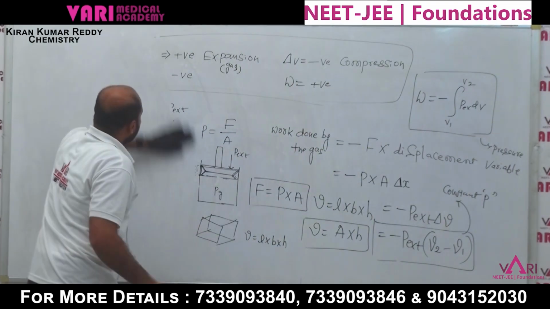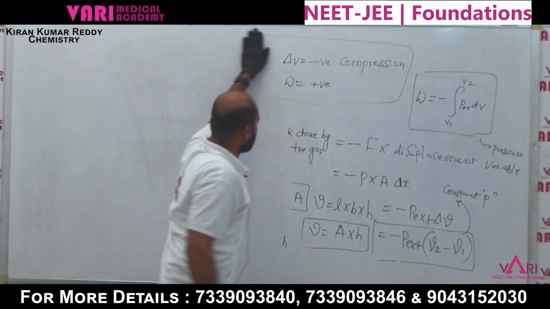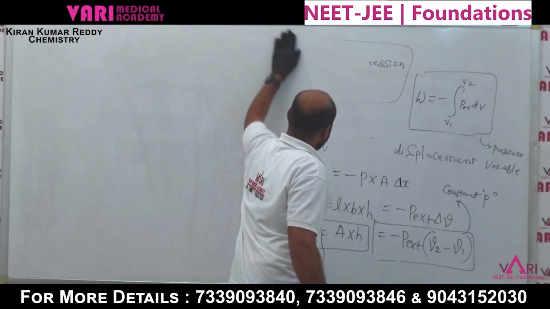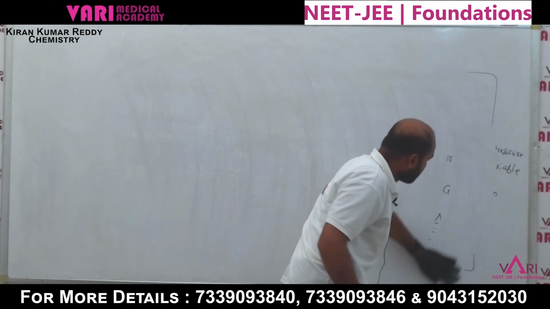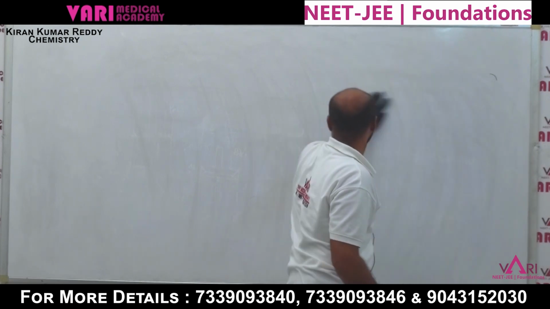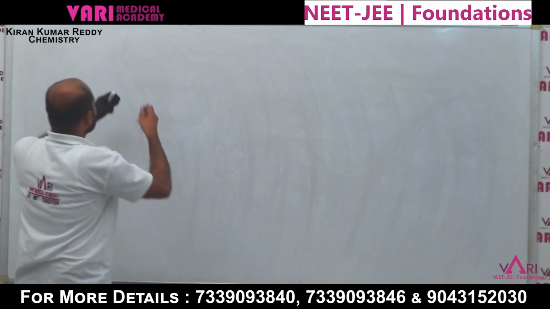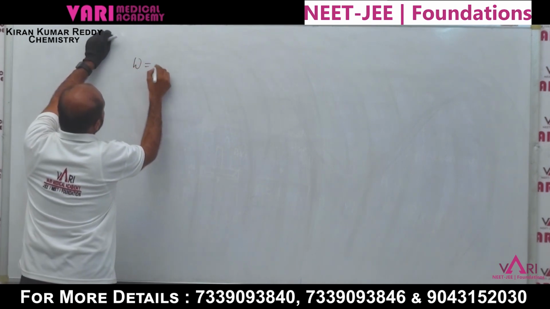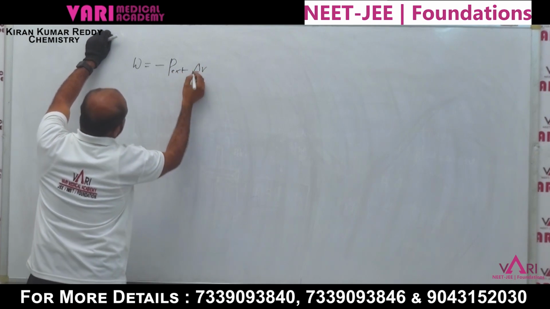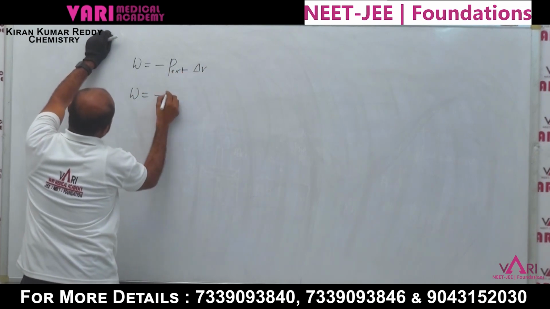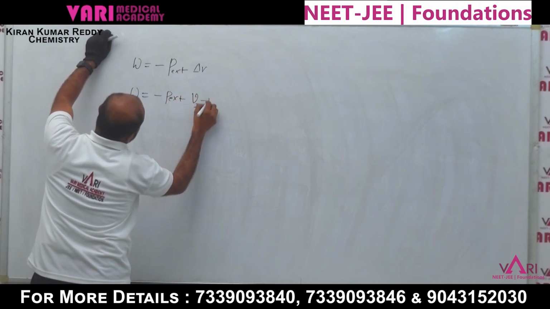Next, different thermodynamic processes are also there. What are the different thermodynamic processes? Isothermal reversible expansion, adiabatic reversible expansion, different thermodynamic processes. If you already know the formulas: W is equal to minus P external delta V, where delta V means V2 minus V1.